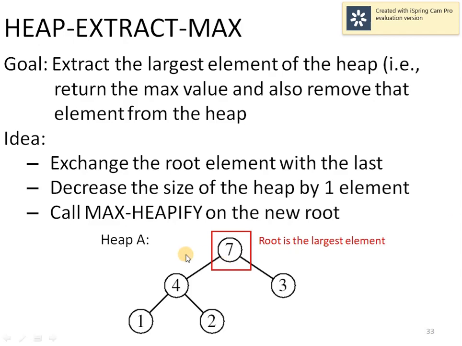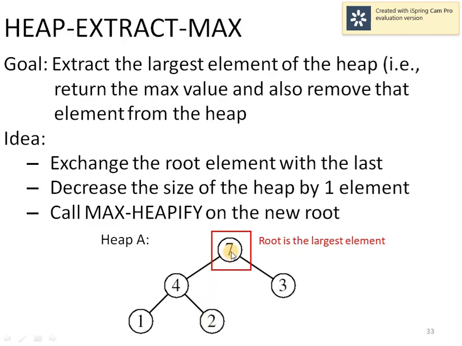If I look at this particular example and execute the heap extract max function over it, we will replace this 7 with 2. Then we will reduce the heap size by 1, so basically the right child of 4 gets eliminated.